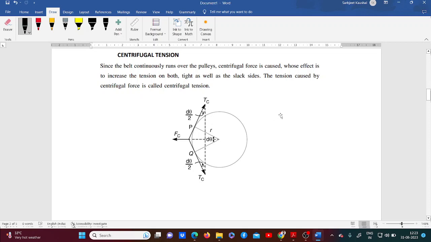So the effect of this centrifugal tension is to increase the tension on both sides, that is the tight as well as the slack side.